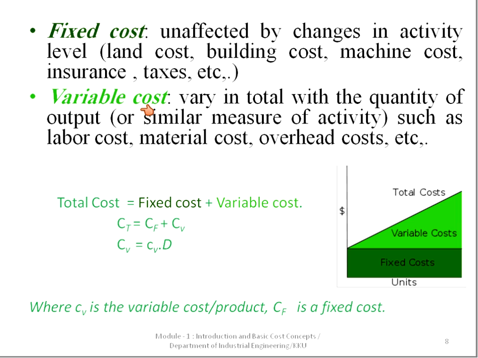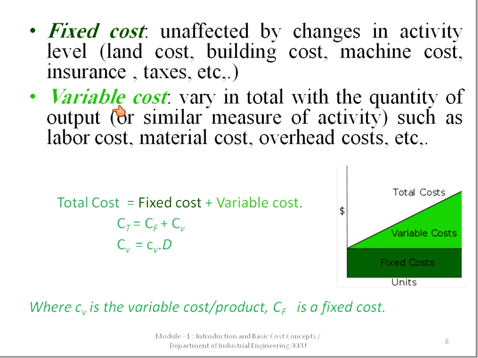And now the next cost is the variable cost. What is the variable cost of a product? Varying means changing. It is the cost which changes when output is changing. This cost is very sensitive to output.